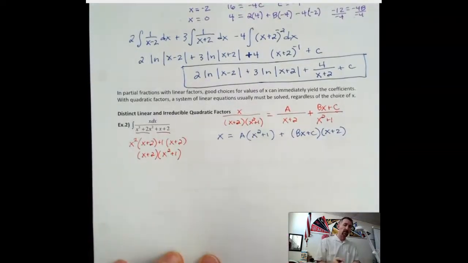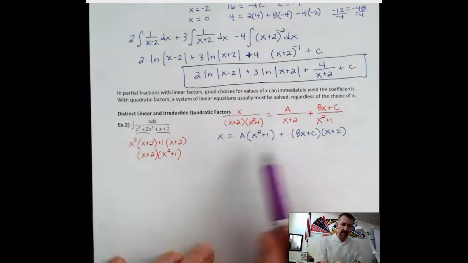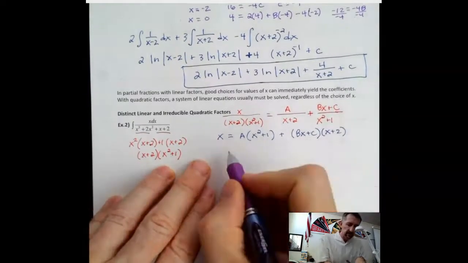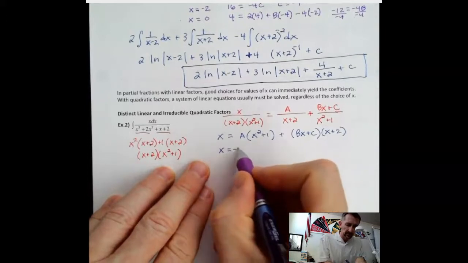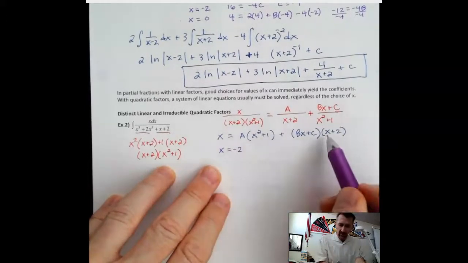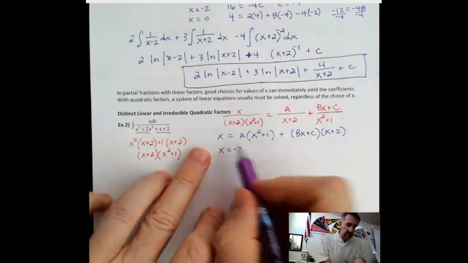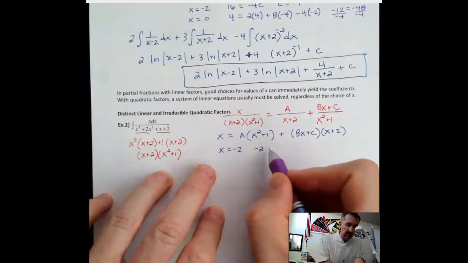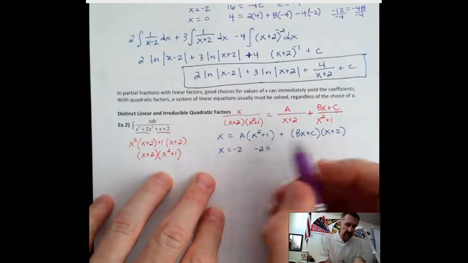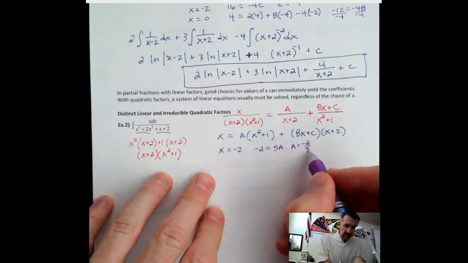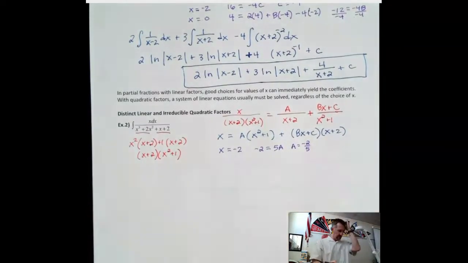Alright, so we're going to look at this and decide how we want to do this, but I do notice that if I choose negative 2 for x, that will actually cancel this whole thing out. So that'll work out pretty decently. So I'm going to have negative 2 equals, and that's going to be 5a. So a is negative 2/5. So that's kind of the first thing there.